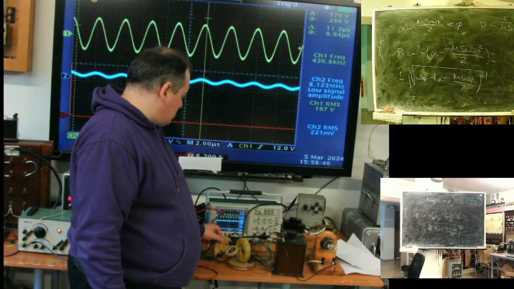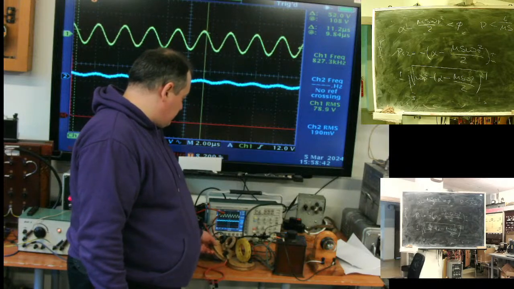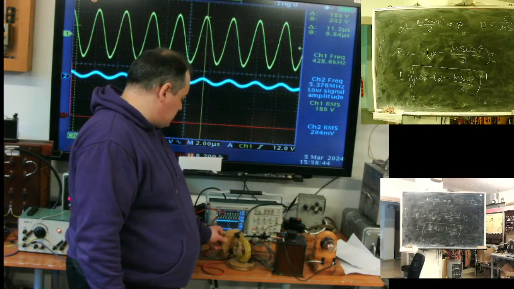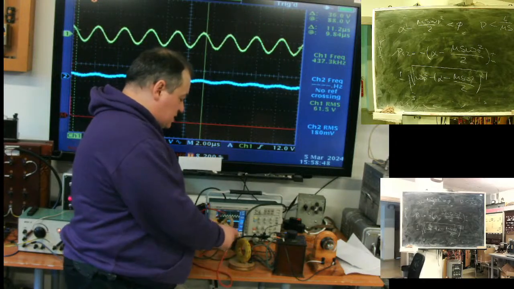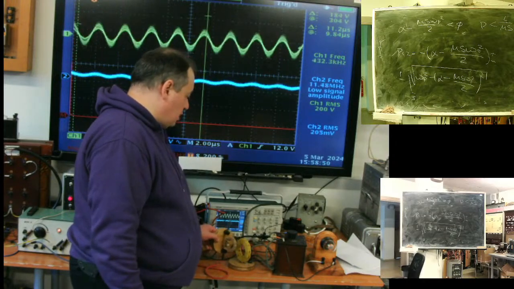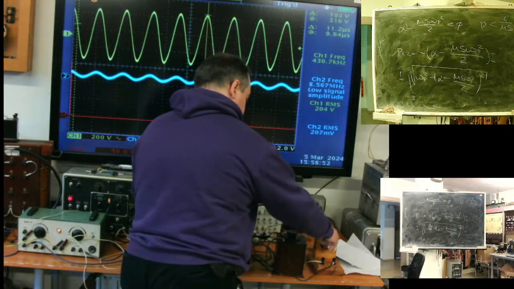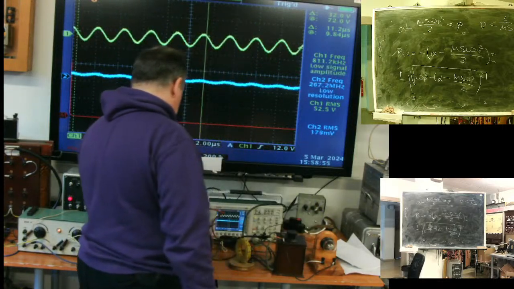It generates on one frequency. This coil is non-periodic, that's why one frequency. Funny toy.